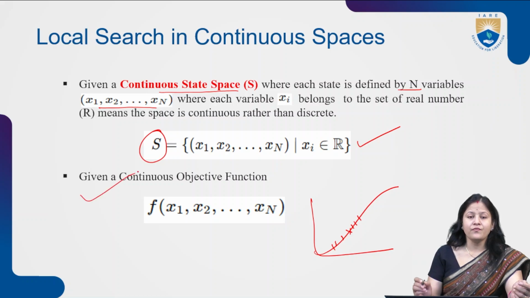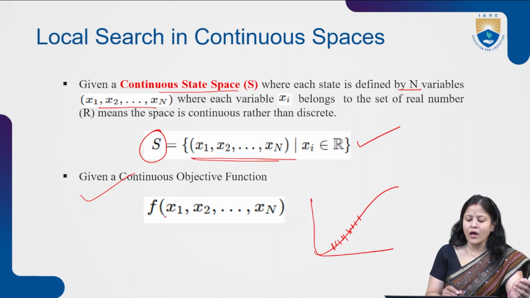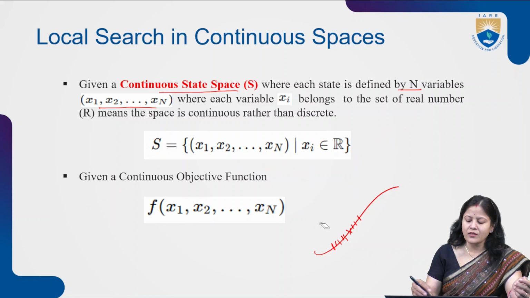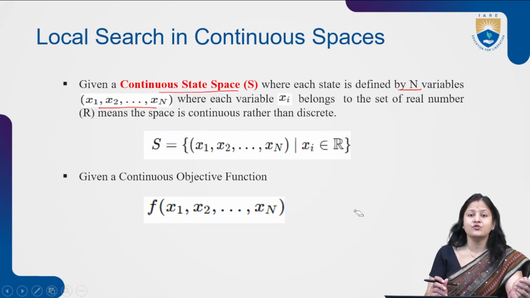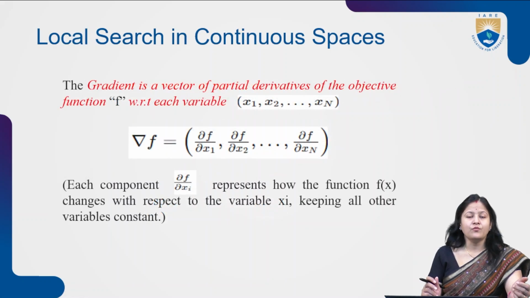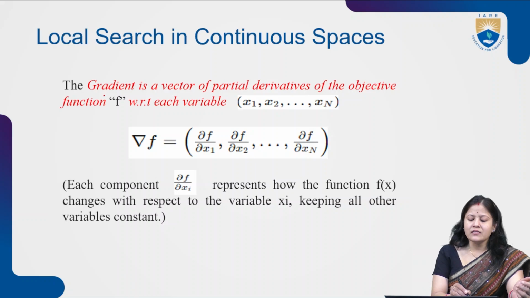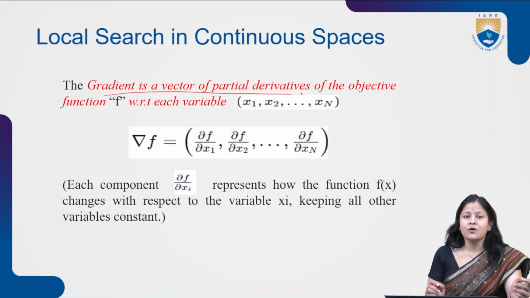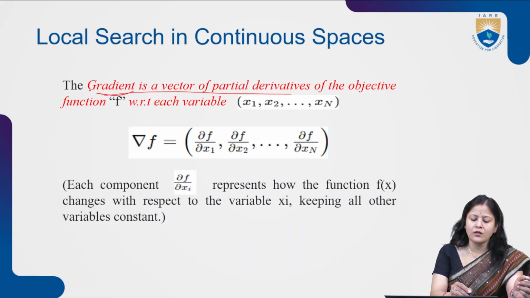This is the objective function for the continuous space, f of x1, x2, xn. If we define the objective function f of x1, x2, xn, then we have to find the derivative to find the gradient. The gradient is a vector of partial derivatives of the objective function. This is what the gradient says.